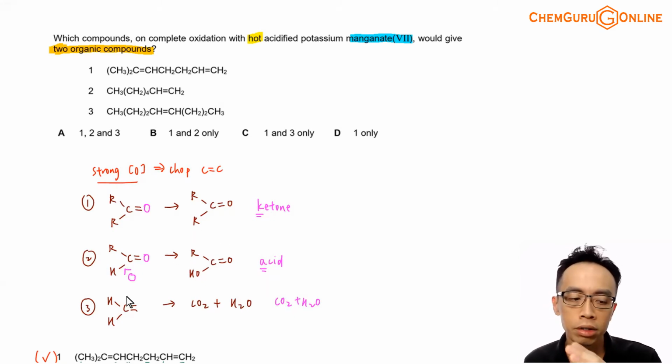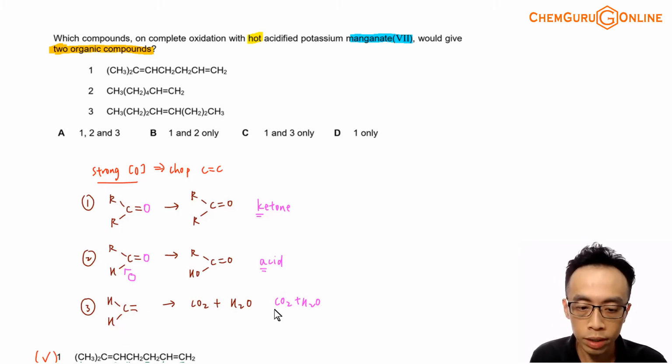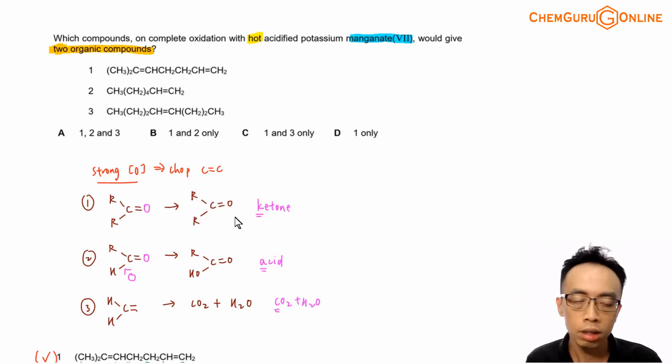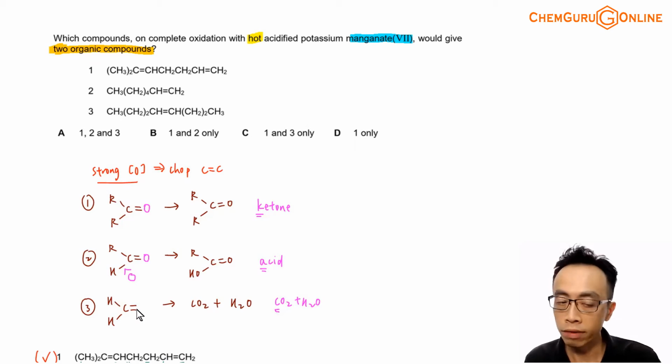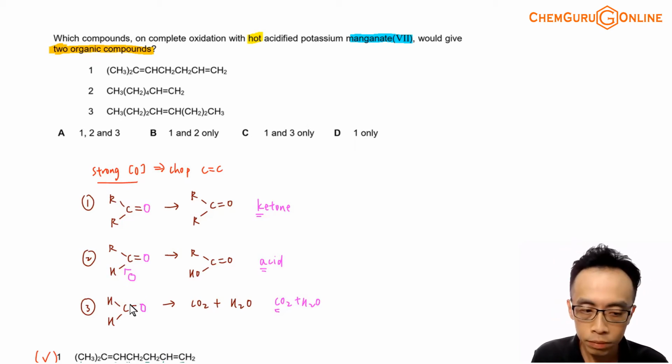Now finally, if it is bonded to two hydrogens, then it will be converted to CO2 plus water. The product will be carbon dioxide and water. Again, using the same idea, involving a C double bond, if there's an opening, cover with an oxygen. If there's a CH bond, squeeze the oxygen between your carbon and your hydrogen. So we will actually end up with carbonic acid.